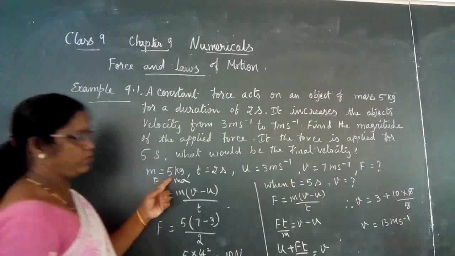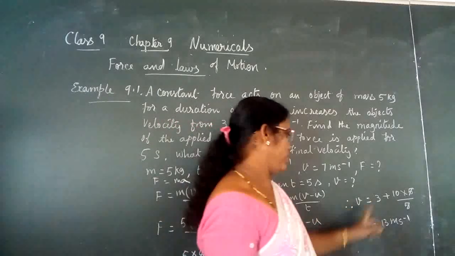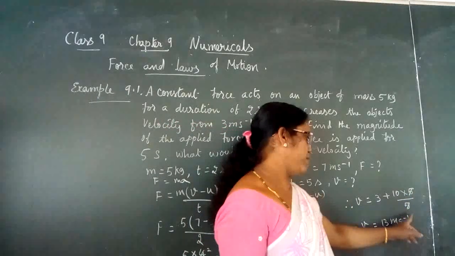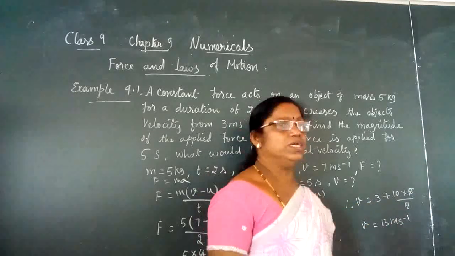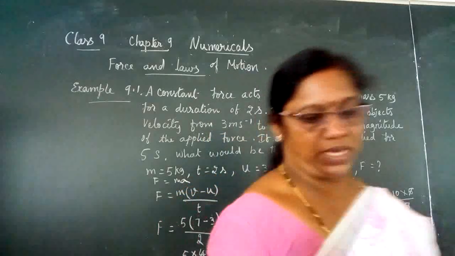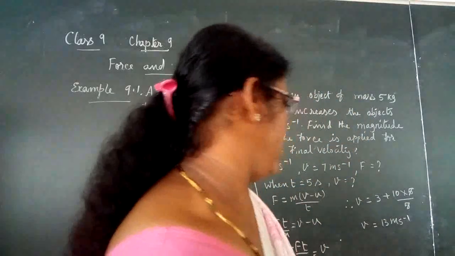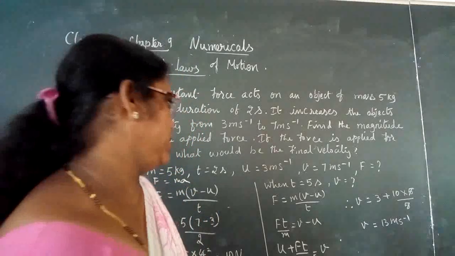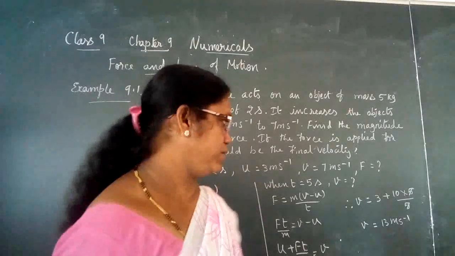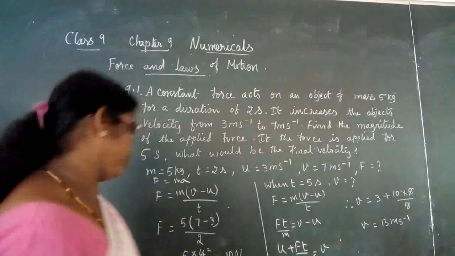It is 5 kilogram. Hence v is equal to 3 plus 10 into 5 by 5. The 5 and 5 cancel. 10 plus 3 gives you 13 meter per second. That is the velocity of the mass when the time duration is reduced to 3 meter per second.